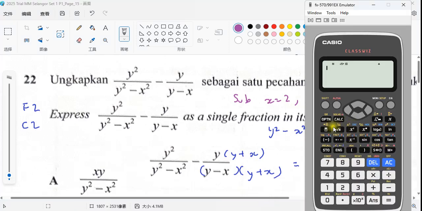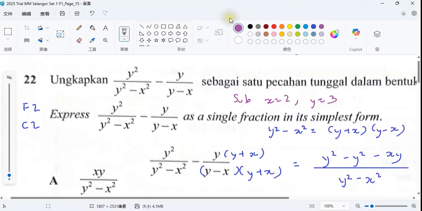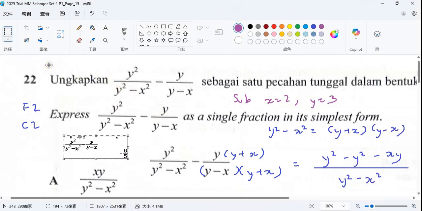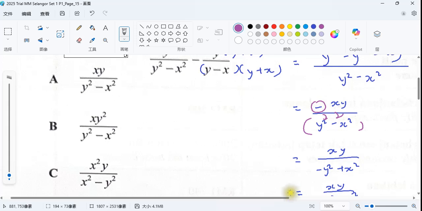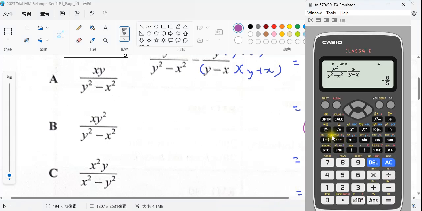Then we have y squared over y squared minus x squared, minus y over y minus x. So 3, 2, so we have negative 6 over 5. And then if we substitute these values into answer A, we have xy over y squared minus x squared, and it becomes 6 over 5. Not the same.